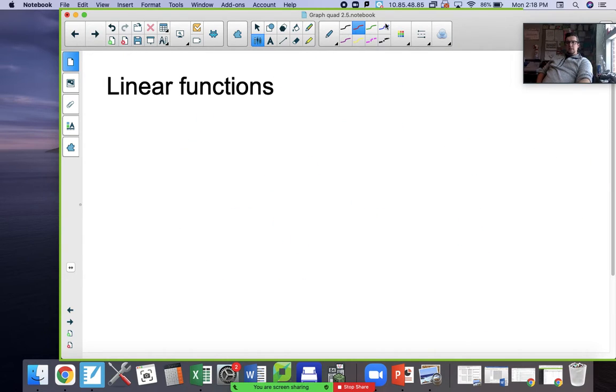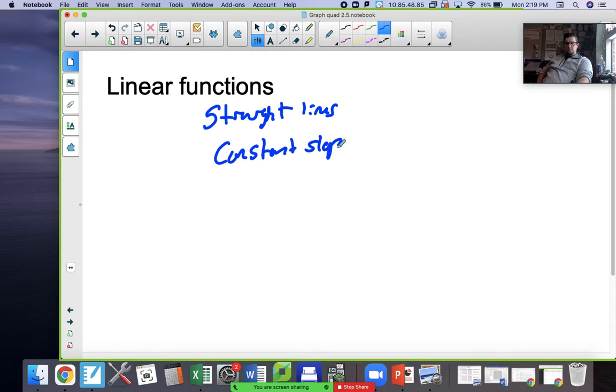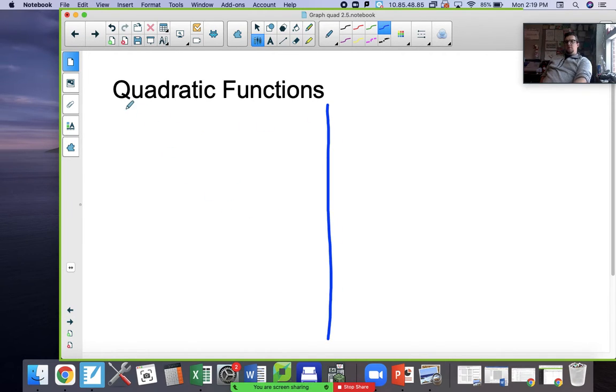Some linear function features. They're always straight lines. Constant slope. Y equals mx plus b. Quadratics, we have two different forms.